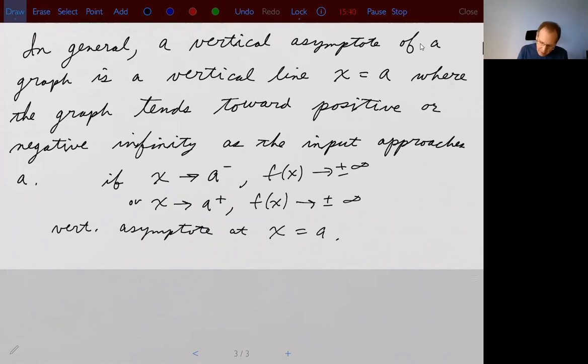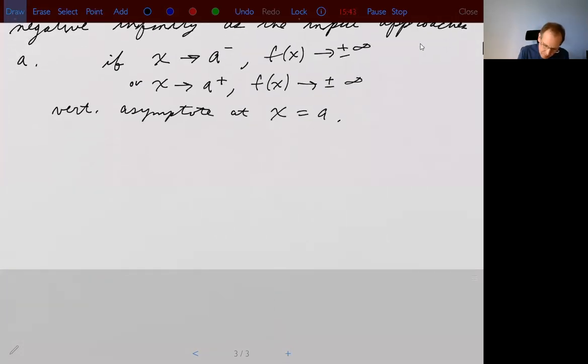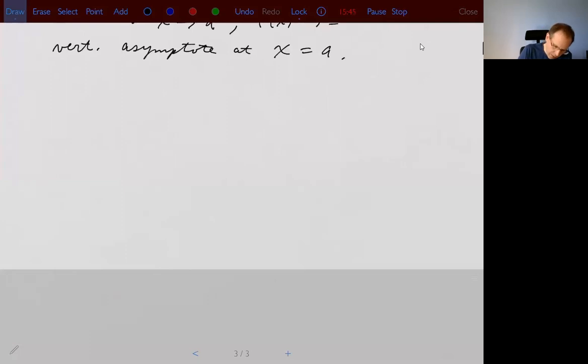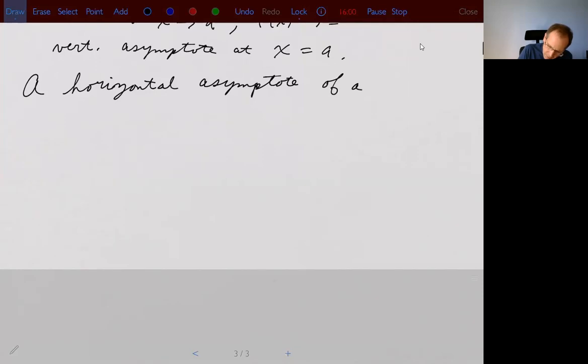Okay, and then for horizontal asymptote, so a horizontal asymptote of a graph is a horizontal line, and remember, the equation of a horizontal line always has the form y equals a constant.